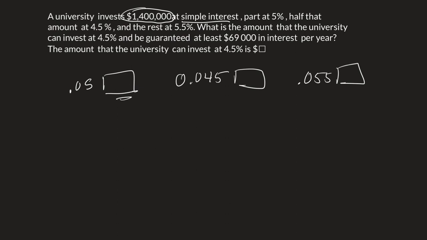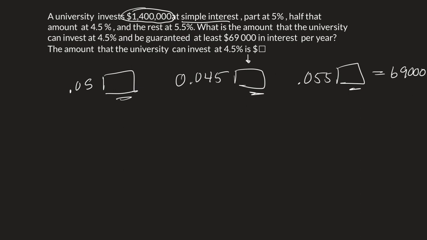I don't know how much is in each one of these. But they get from interest at least $69,000. They want to know how much money they have to invest at 4.5%. So I need a relationship between these boxes.